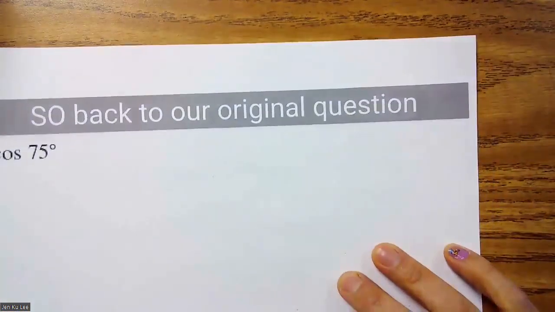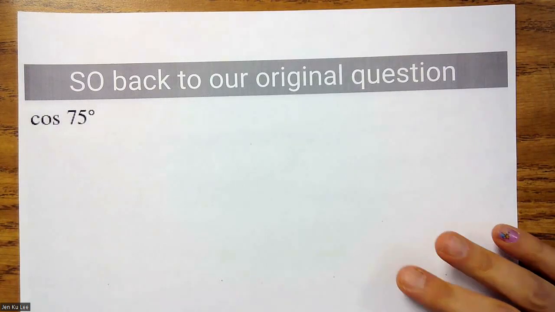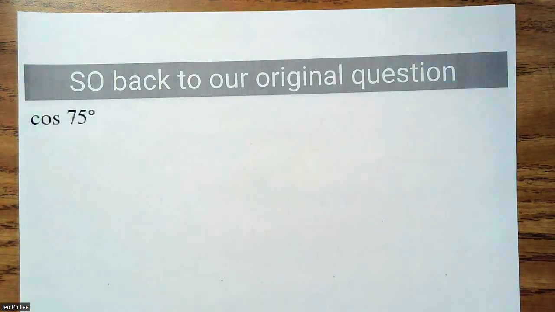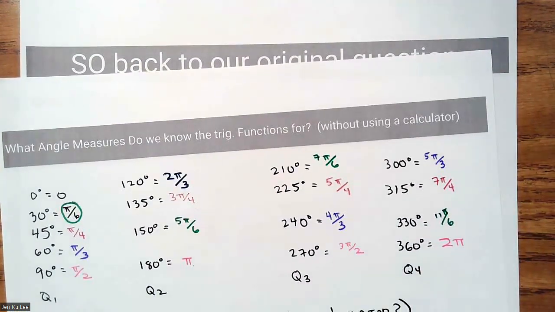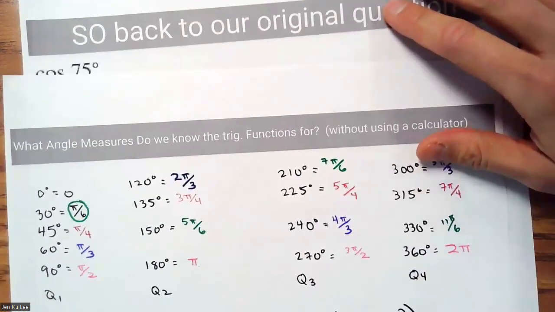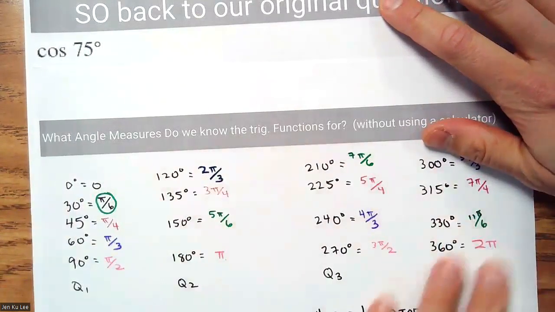So now, going back to my original question, what is the cosine of 75 degrees? Without using a calculator. Remember our first activity? We got all of these angle measures that we do know trig functions for, right? Ready for a basic math question? How do I use these numbers here?